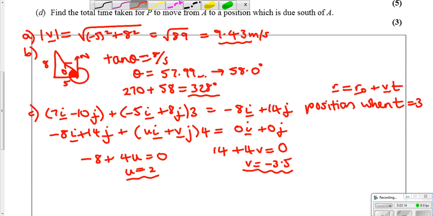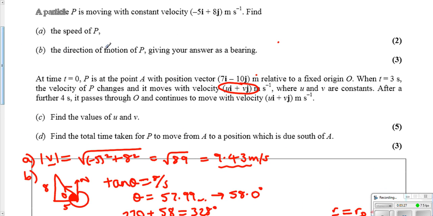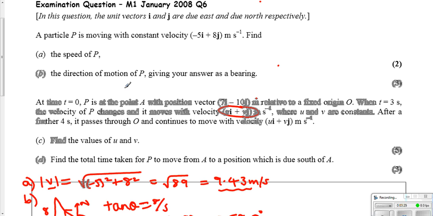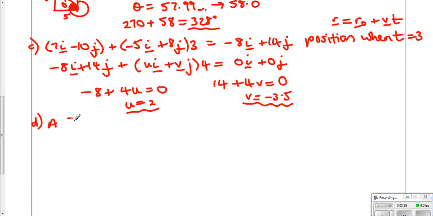For part D, we've got to work out how long it would take for this particle that's moving along to move from its starting position to a position which is due south. Now, if you remember, the starting position, if we go right back up to the top, was here, 7i minus 10j. So A is the point 7i minus 10j.